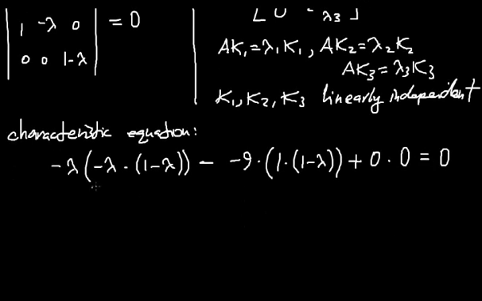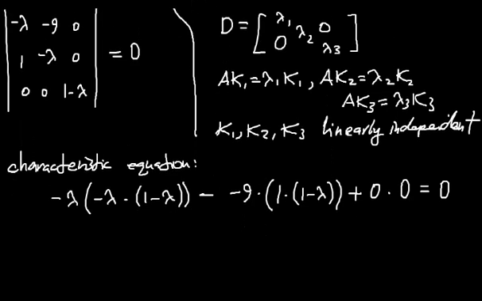Okay, so then let's simplify this equation. And here is an important thing we need to keep in mind. We could simplify it directly, but it's actually easier to factor things out. You see, 1 minus lambda can be factored out here.